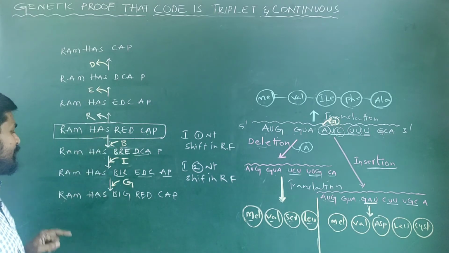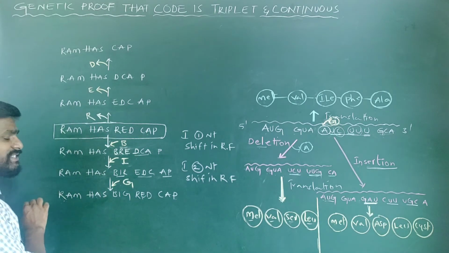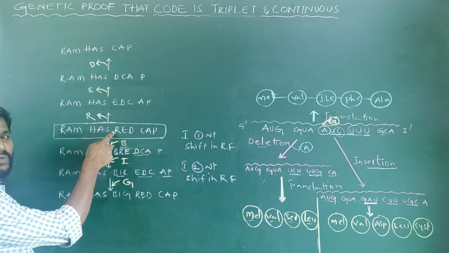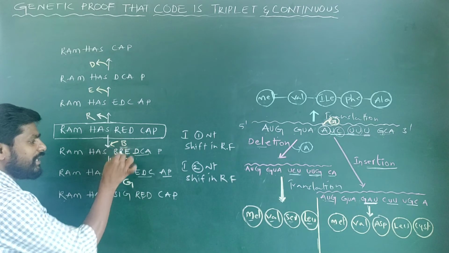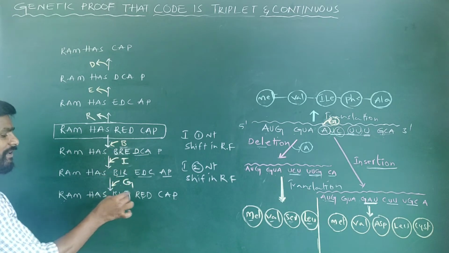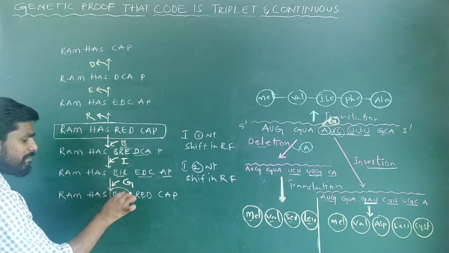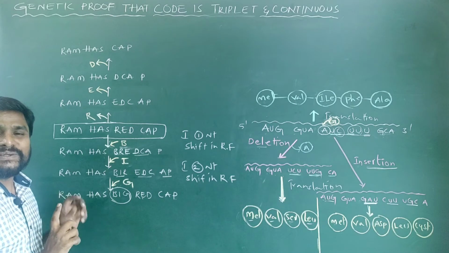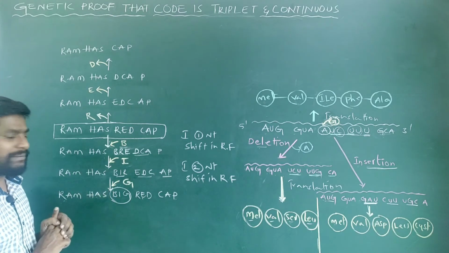But in the third case, where we inserted 3 nucleotides at this point, what are the 3 nucleotides? B, I, G. If inserted before the R, a new triplet codon would form, BIG, which does not result in any shift in reading frame.